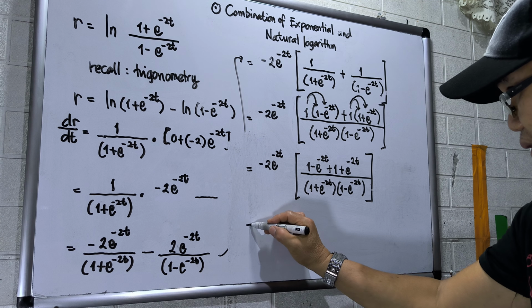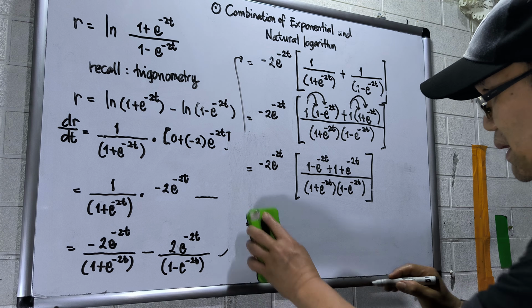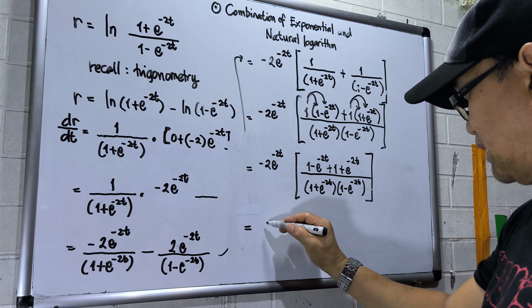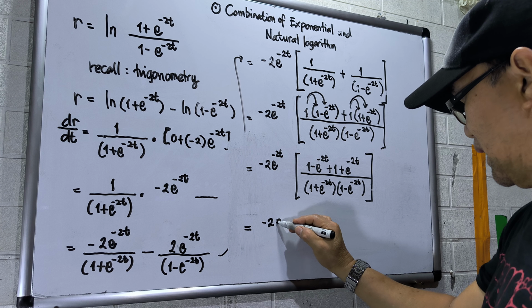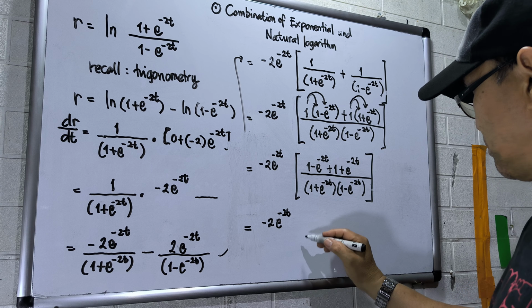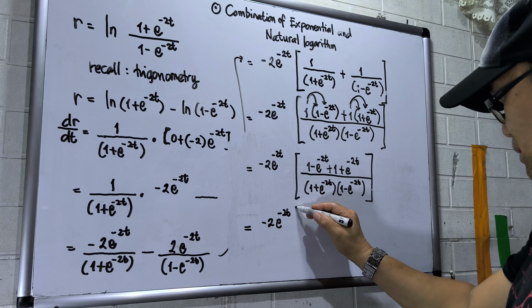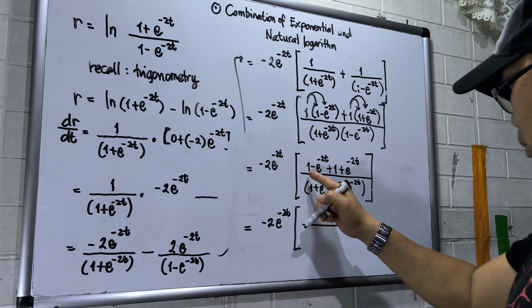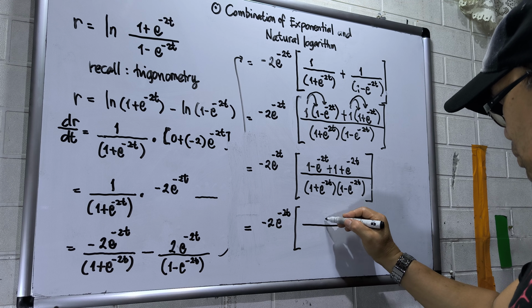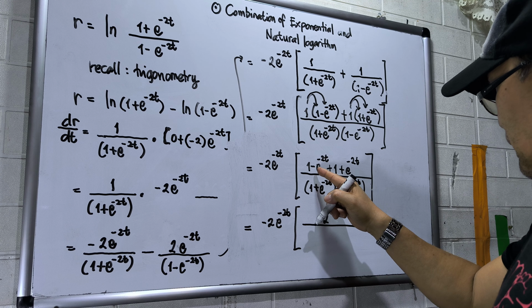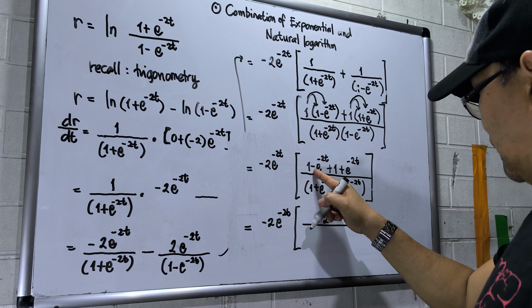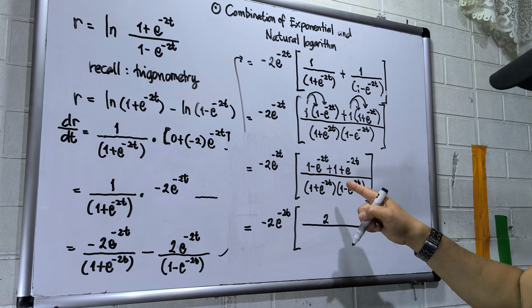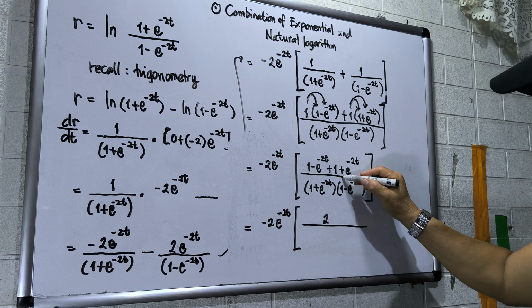Okay, so combine. So this will be negative 2 e raised to the negative 2t. Then square brackets, this will be 1 plus 1, that will be 2. Then negative e raised to negative 2t, then plus e raised to negative 2t, so this will be crossed out.